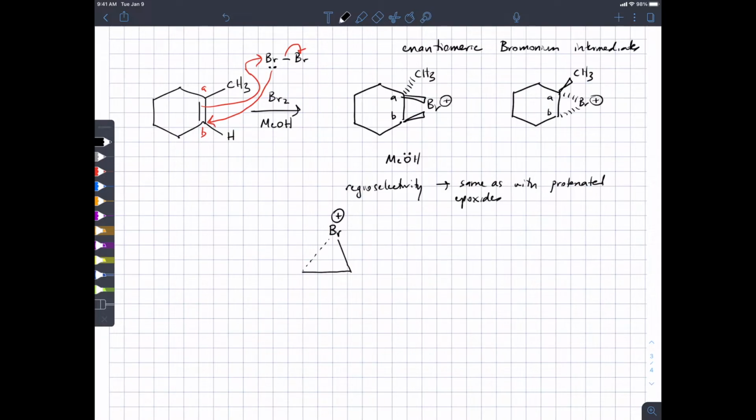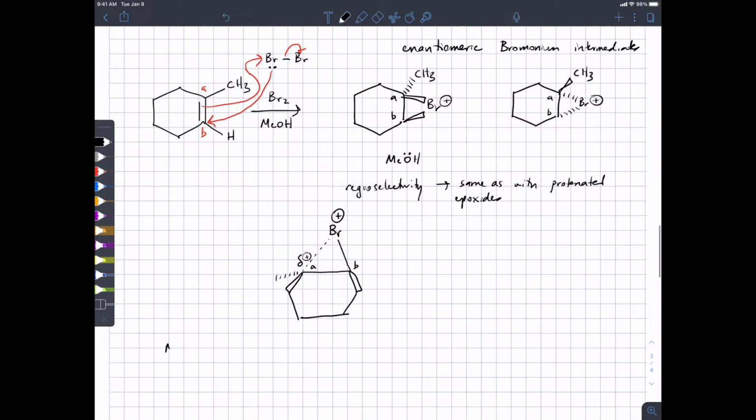Sorry, let me rephrase that. If we draw the bromonium ion, the bond with the more substituted carbon A is longer because more substituted carbon A can better tolerate a buildup of partial positive charge that happens as the Br leaves. It doesn't leave from the less substituted carbon because that carbon can't stabilize the partial positive charge as much.